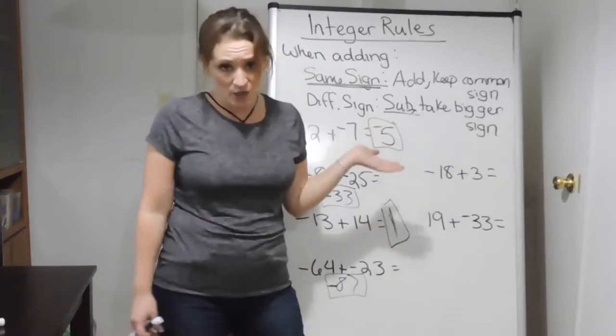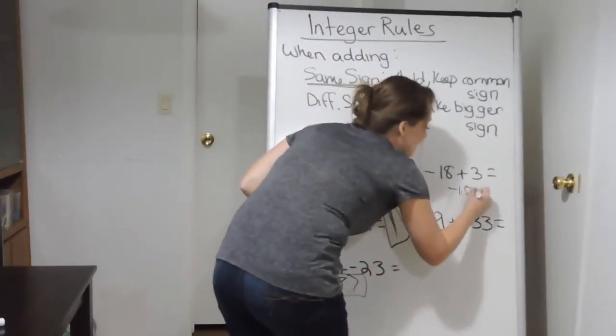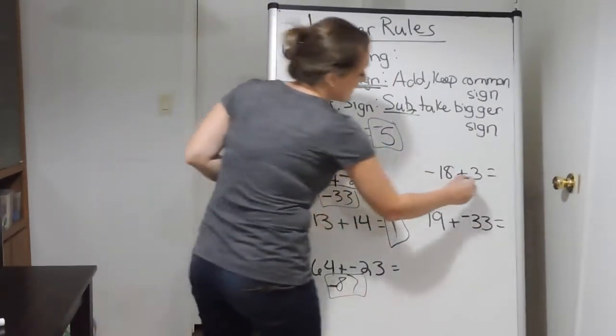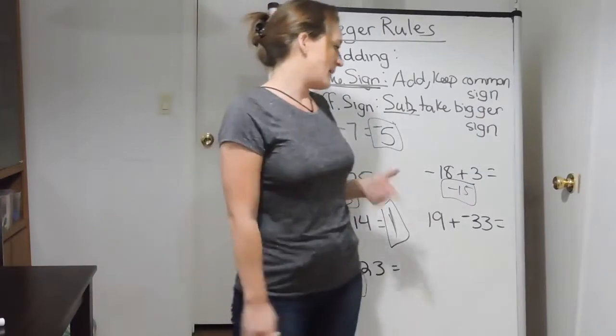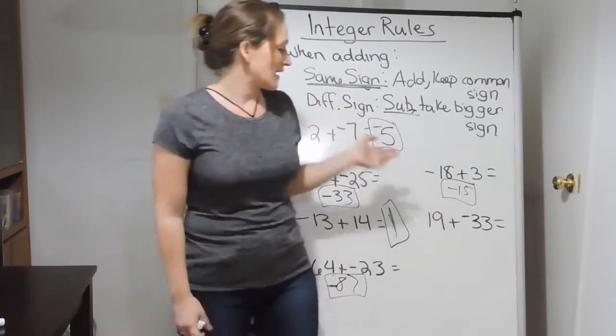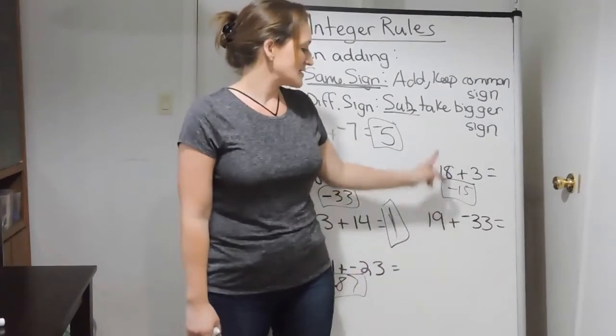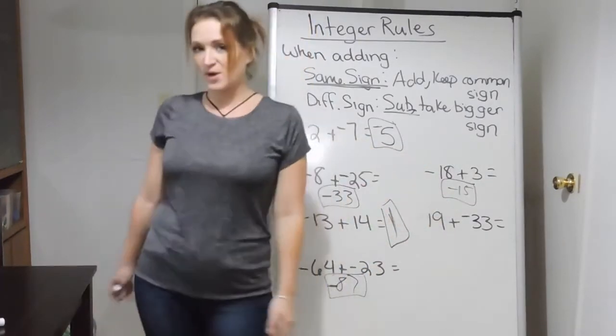Now you would be higher, you'd be closer to 0, right? But you'd only be a negative 15 now, not a negative 18. If you were negative $18, you added $3, well hey, now you'd be at a negative 15. Works with the same thing. Different sign says subtract, 18 minus 3 is the 15, take the sign of the bigger.